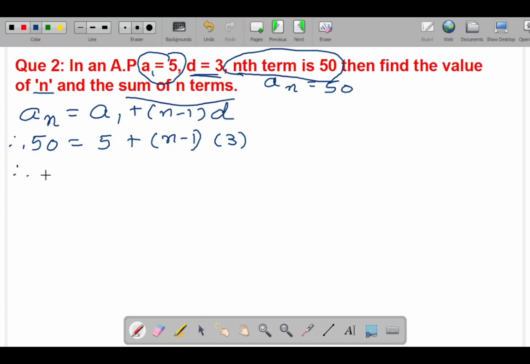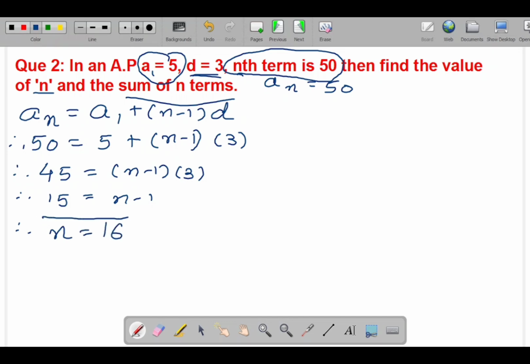It will become 50 minus 5, 45 equals (n minus 1) into 3. The 3 will go to the denominator on the left hand side. It will become 15 equals n minus 1. That means n equals 16. So this 50 is the 16th term of the given arithmetic progression.